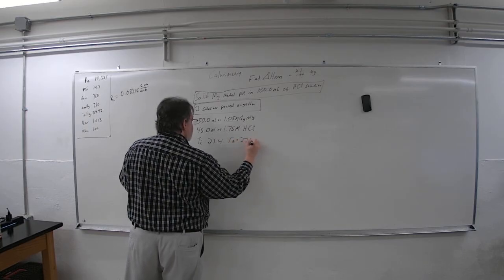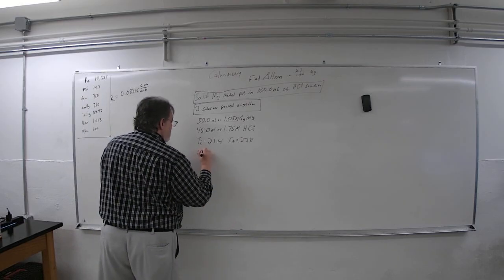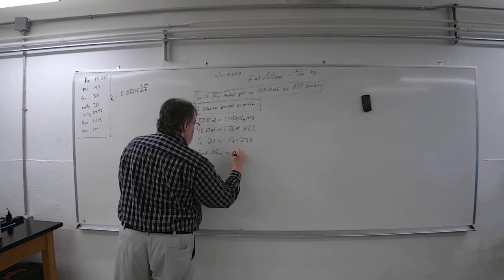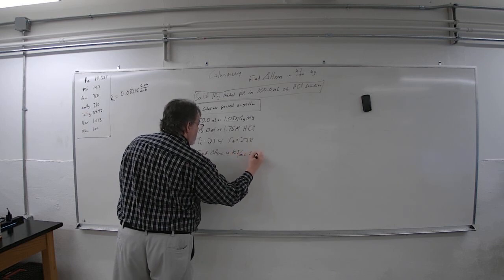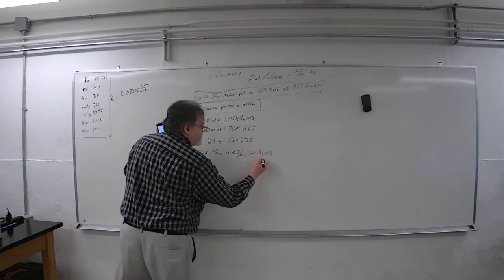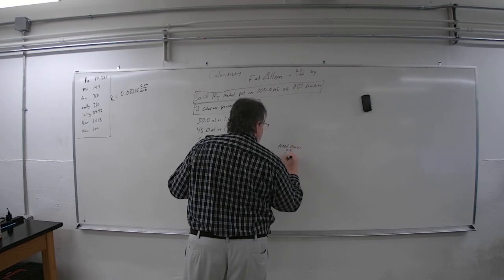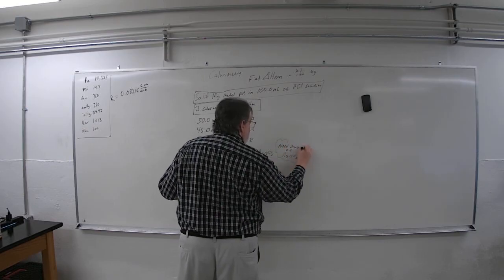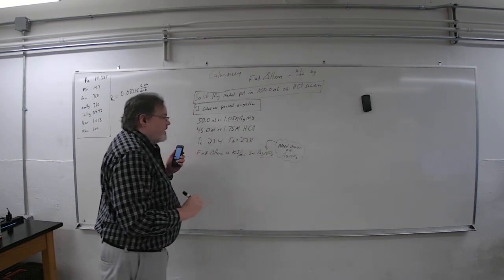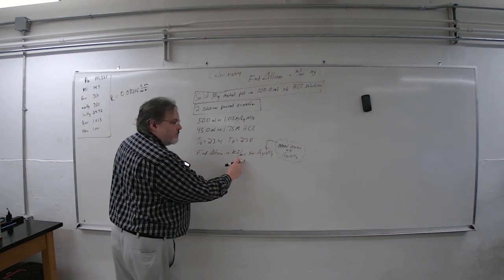Final temperature is 27.8. This means we're going to need the moles of AgNO3 at some point. Kilojoules per mole. Per mole of what? AgNO3.